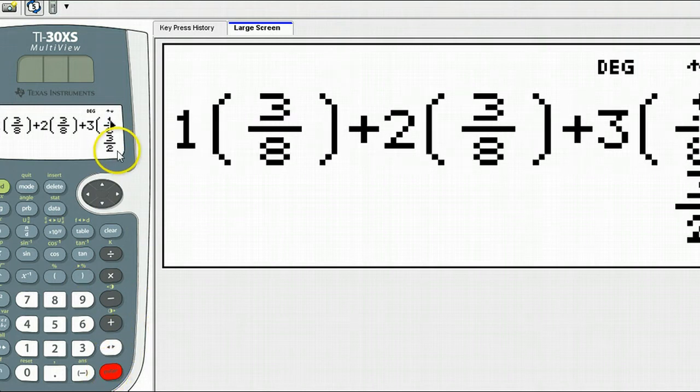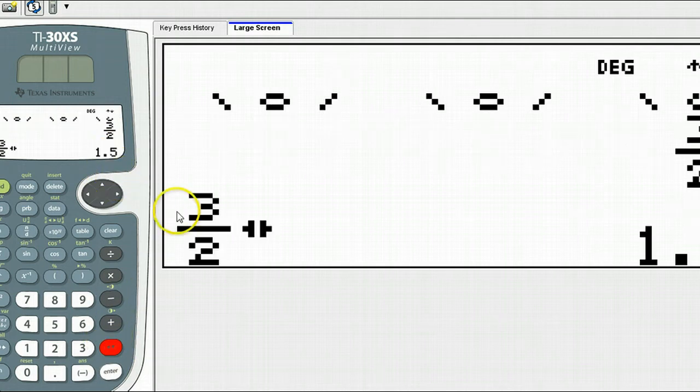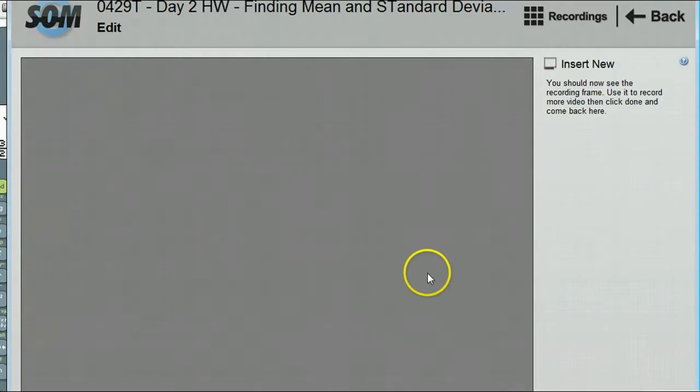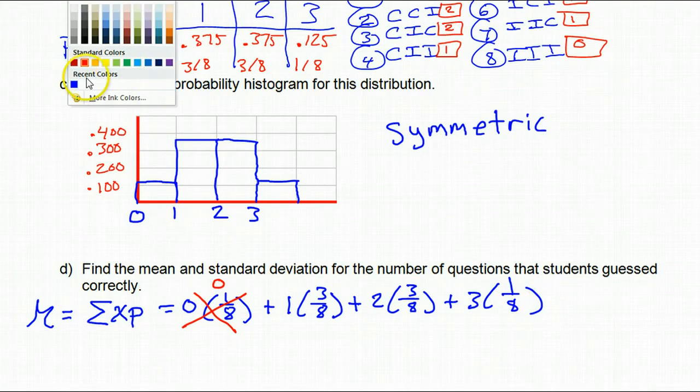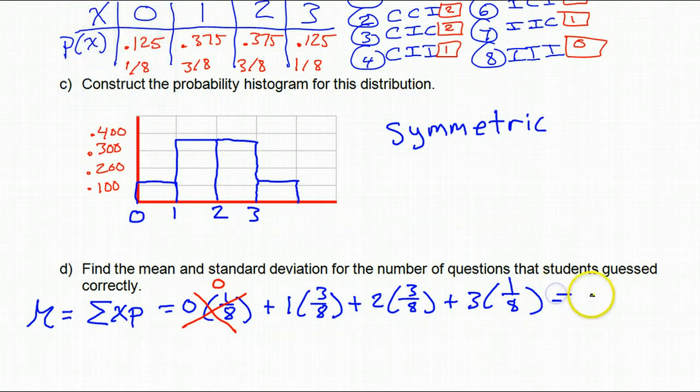And there you go. 3/2 is the mean, or in decimal form, 1.5. So that's the mean.